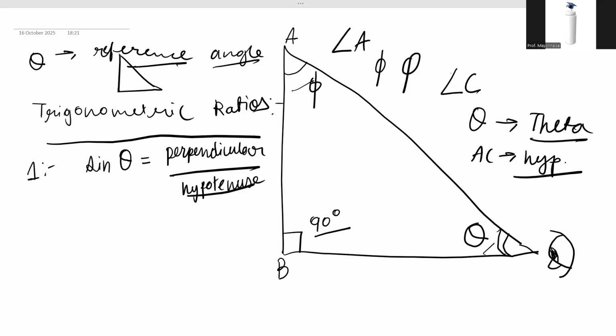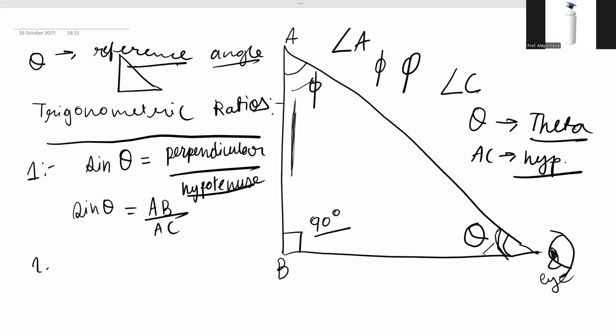So which one is the perpendicular? AB could be a perpendicular, or BC could be a perpendicular, but our angle of reference is theta. So if we're looking from theta, AB is our perpendicular. So the sine of theta would be AB by AC.